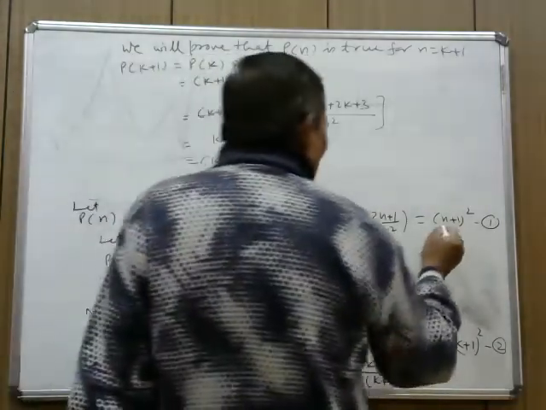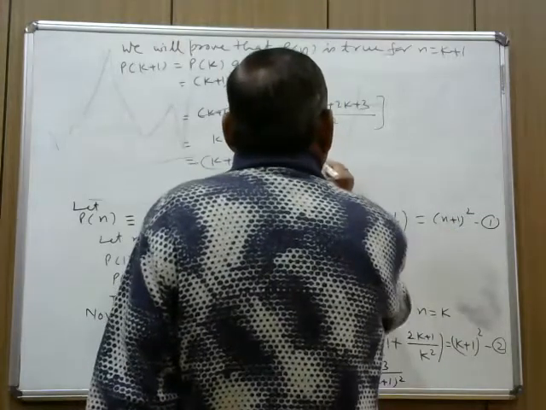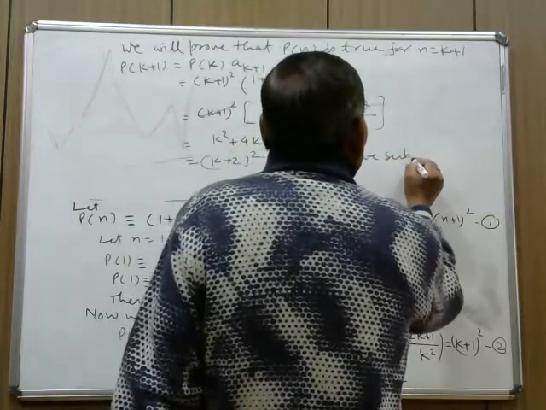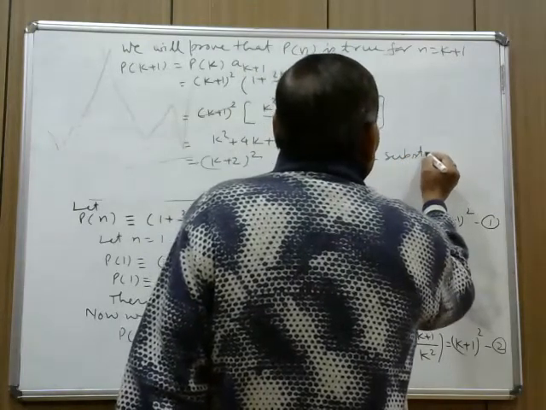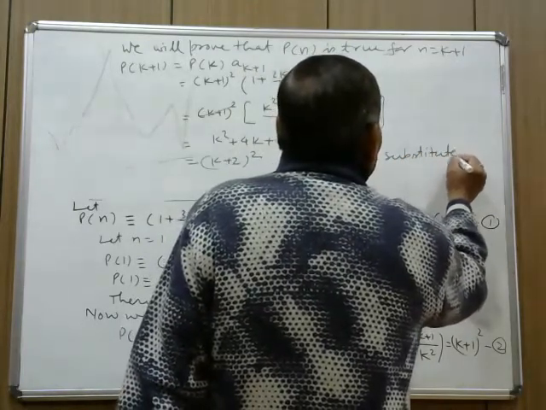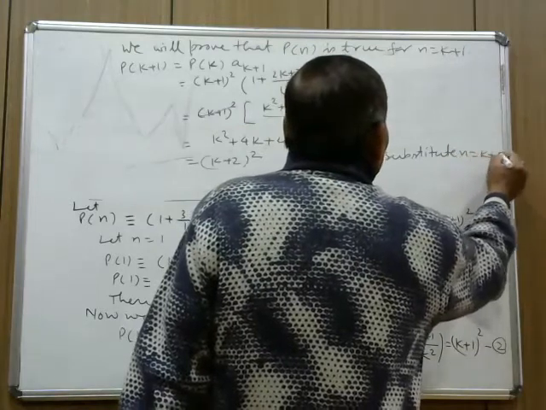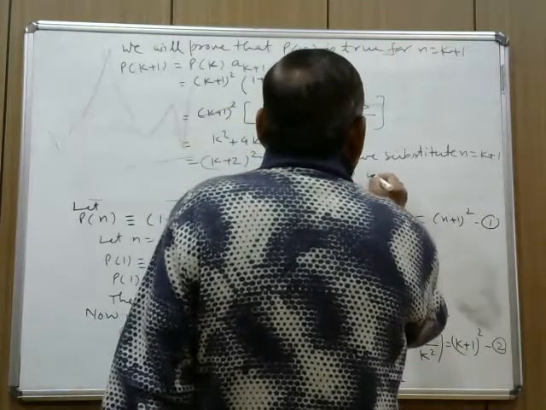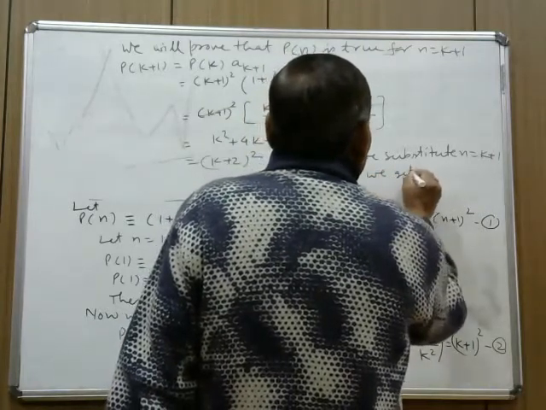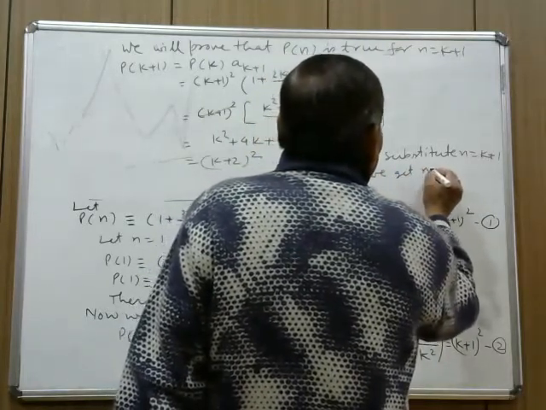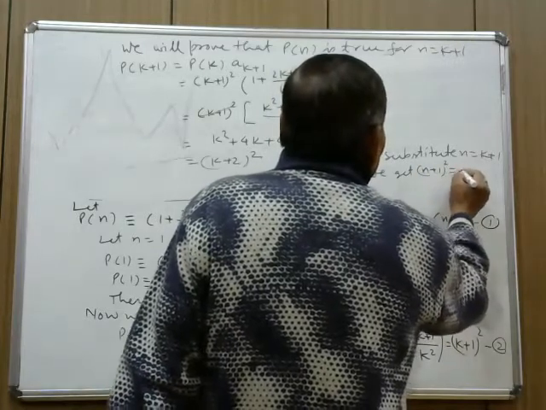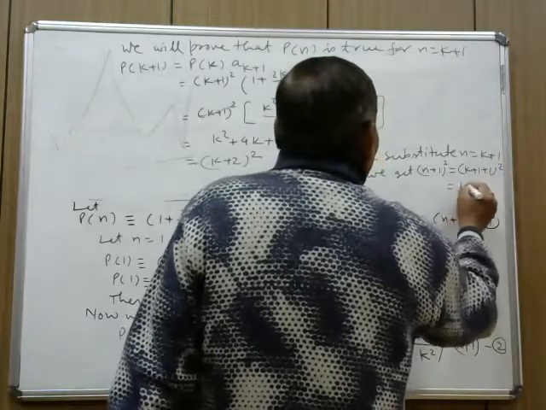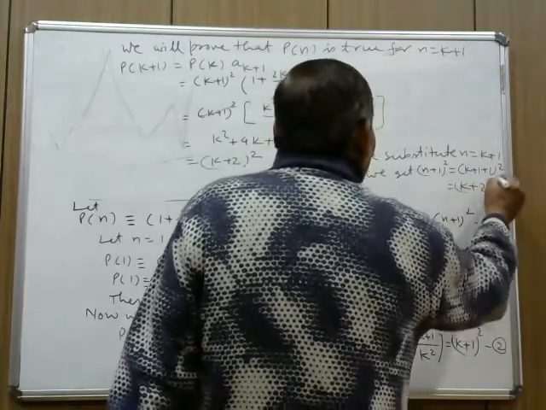So when we substitute n equals k plus 1 in 1, we get n plus 1 whole square equal to k plus 1 whole square, that is equal to k plus 2 whole square.